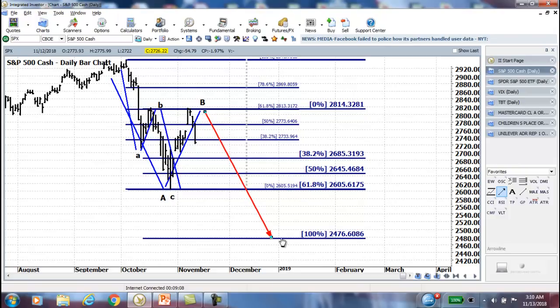So call it right around 24.75 for a C wave impulse to the downside. So I wanted to share that with you.